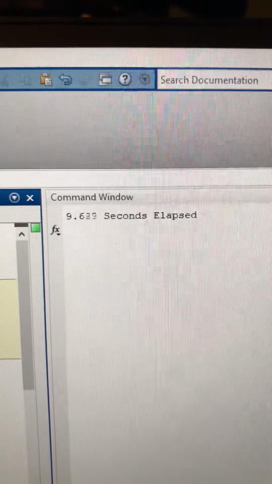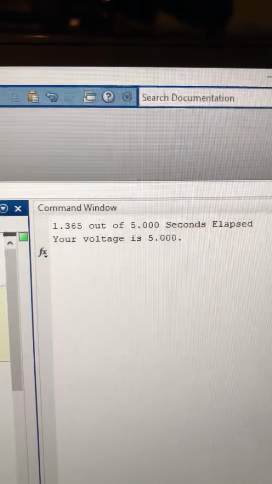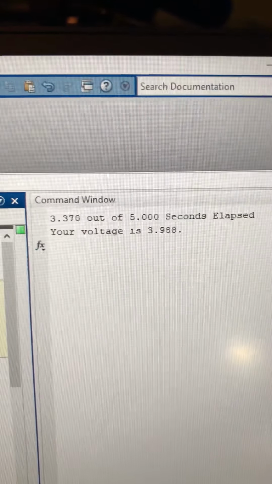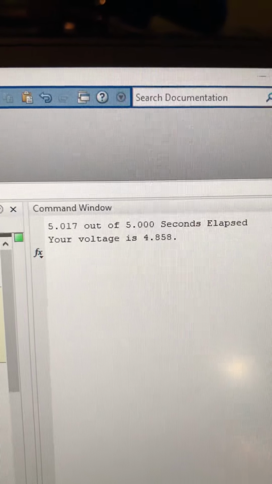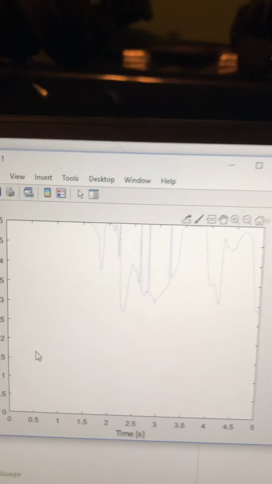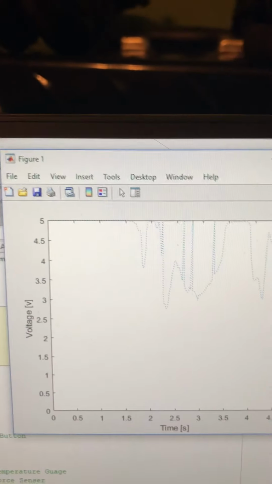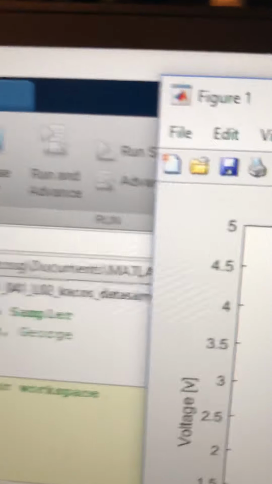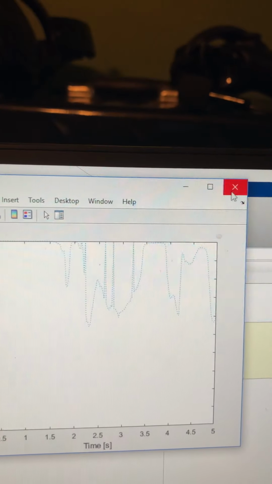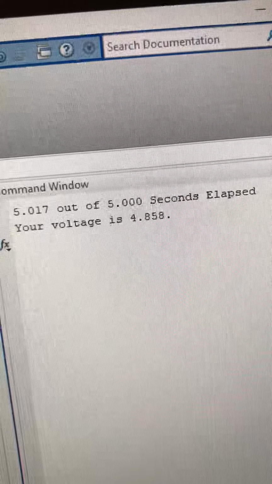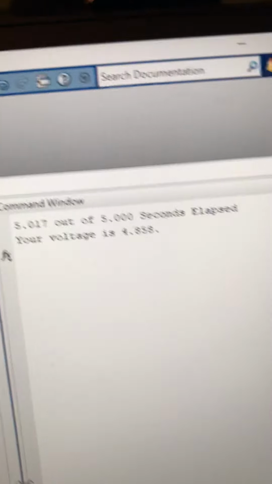And then when I let go, it'll tell me how many seconds it's running and what my voltage is. So that was my photoresistor, and it gives me a graph with the voltage by the time right there. I just added those things to make it easier for people to use.